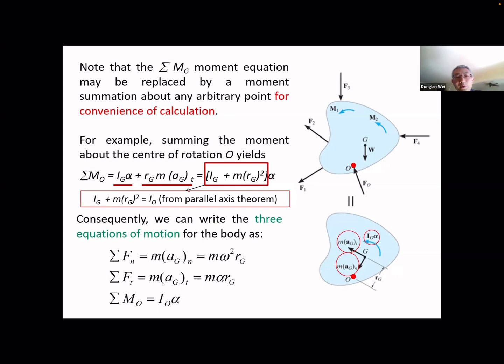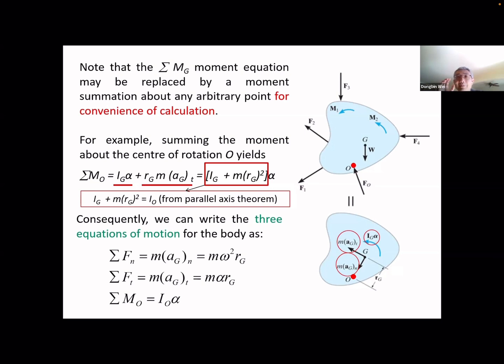We can rearrange this equation, and we can use the parallel axis theorem, and finally, you will see the summation of moment about point O, the rotation center, should be equal to IO alpha.